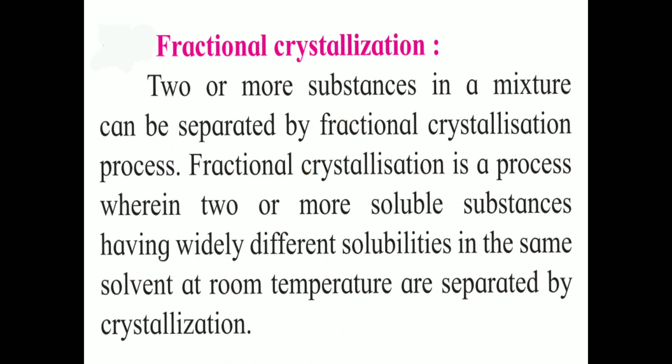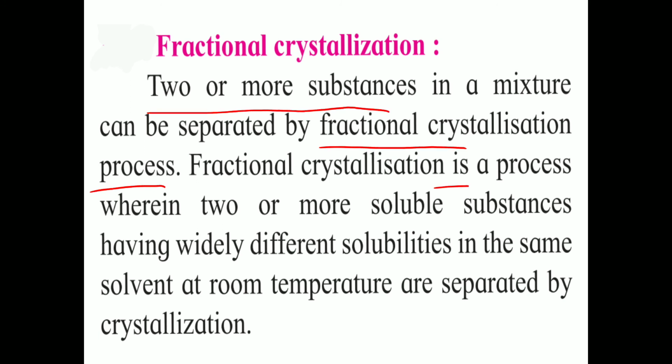Now, the second method of crystallization is fractional crystallization. Two or more substances in a mixture can be separated by the fractional crystallization process. In the simple crystallization method, we obtain only a single type of substance, but in fractional crystallization, two or more types of substances are present, and all of them are main substances.